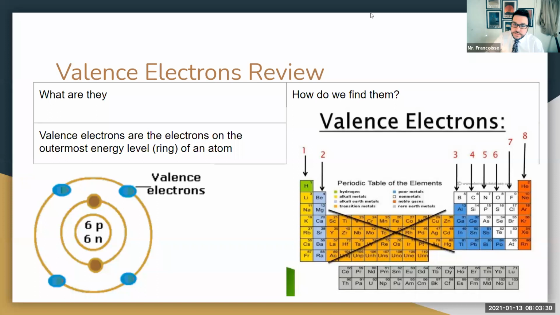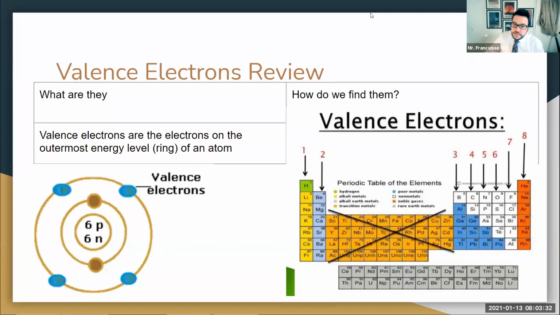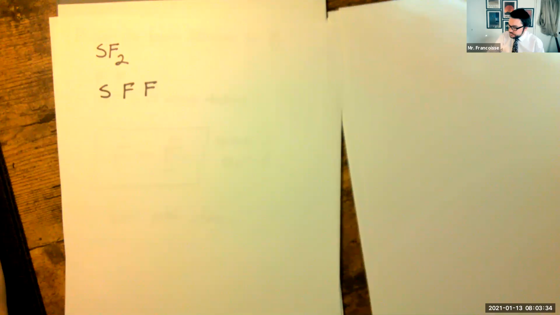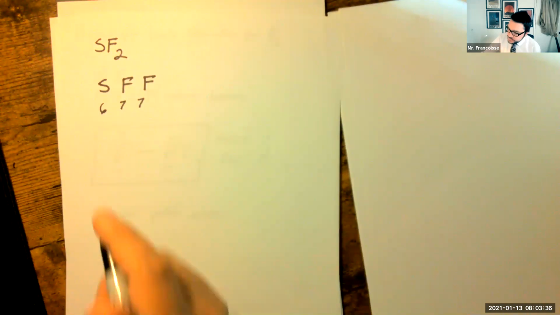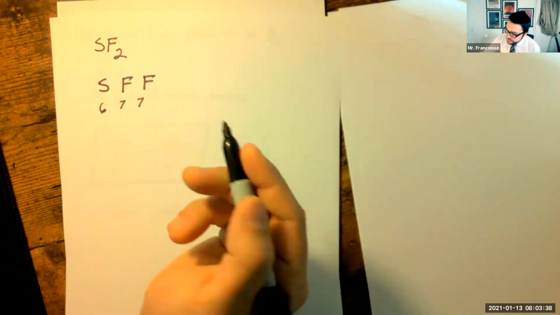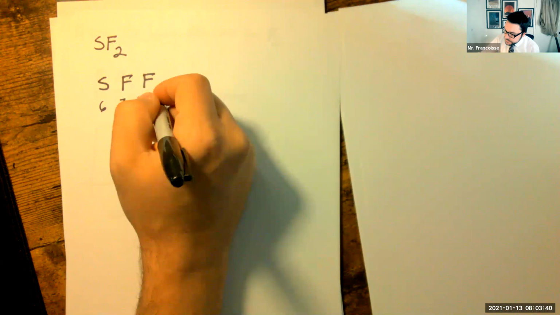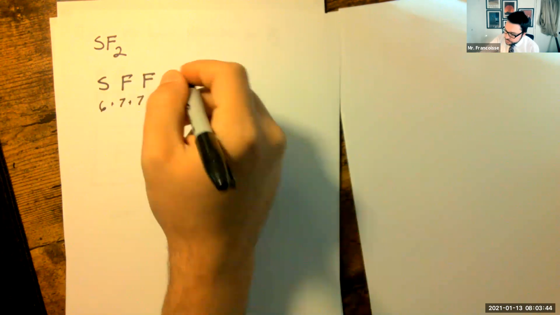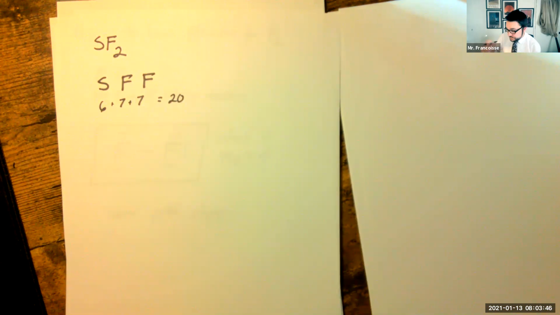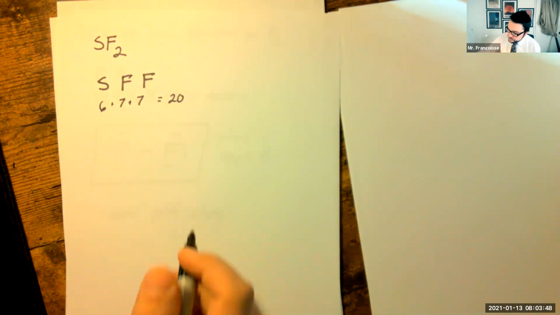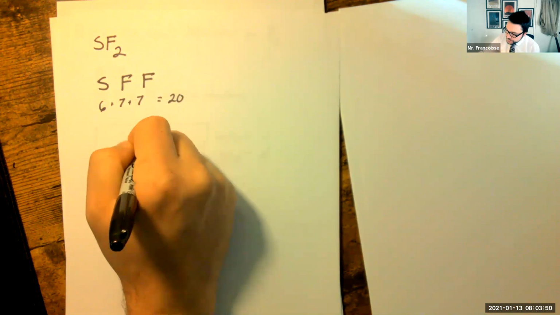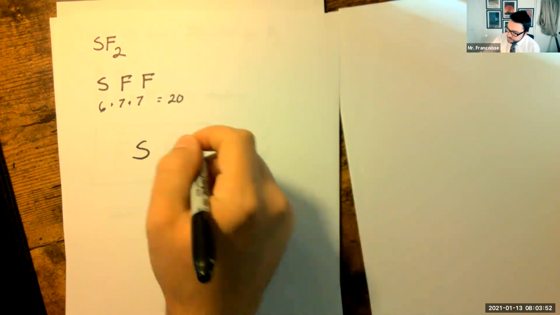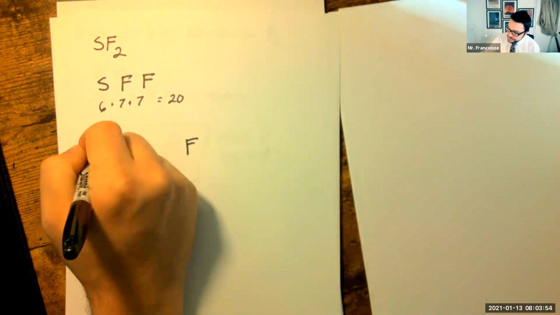All right, so we have SF2. When we add these together, we have 14 plus 6, we should have 20. When we draw this out, we'll put sulfur in the center and we'll put fluorine on both sides.